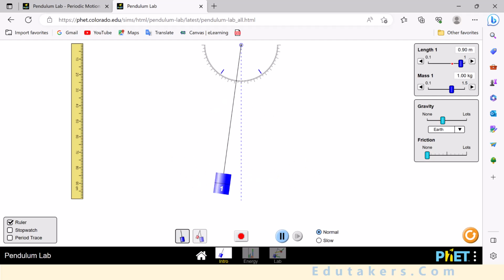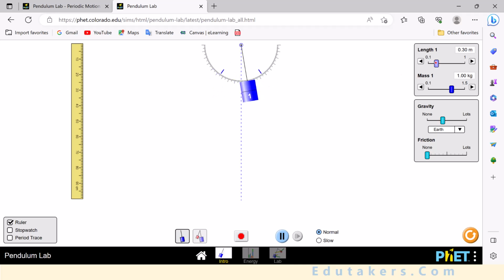So the time period and the length are proportional to each other. Now if I decrease the length of the pendulum, then what will happen? You can see it's oscillating very quickly. It means that this pendulum takes very little time to complete a vibration. So by decreasing the length, the time period also decreases.